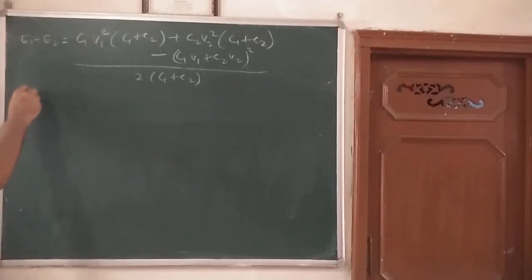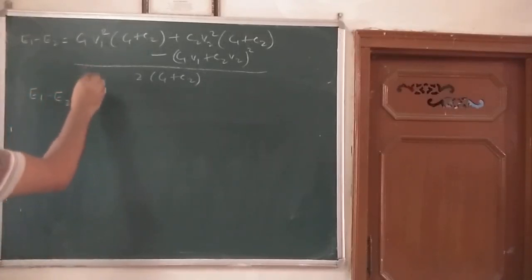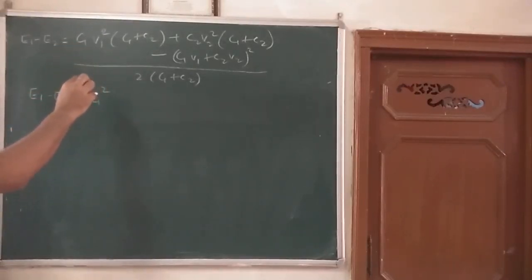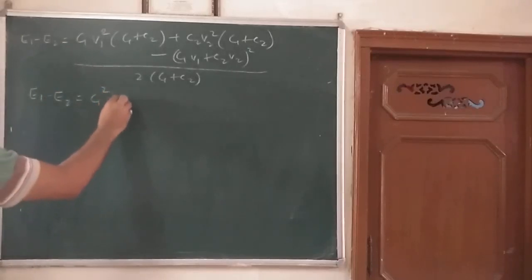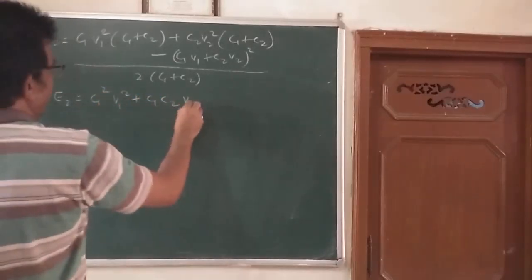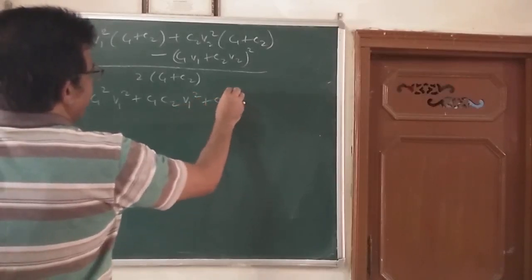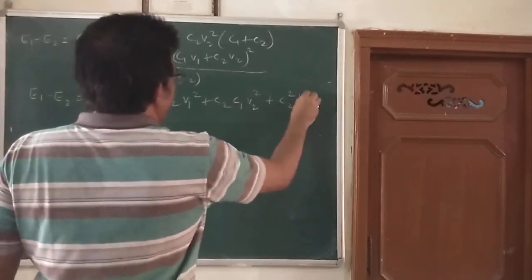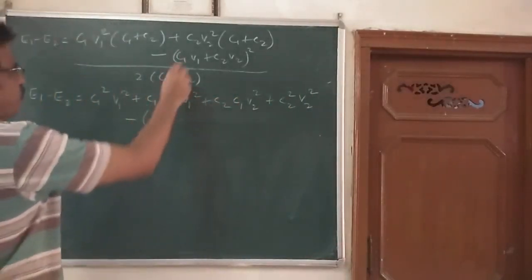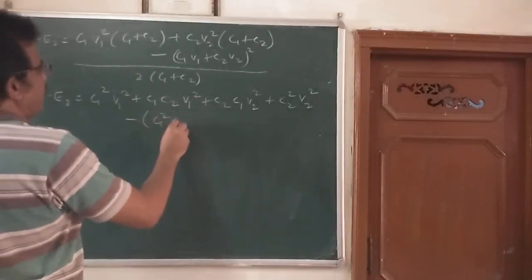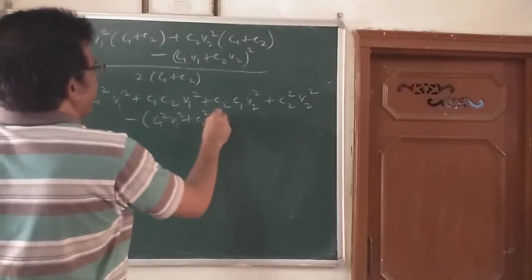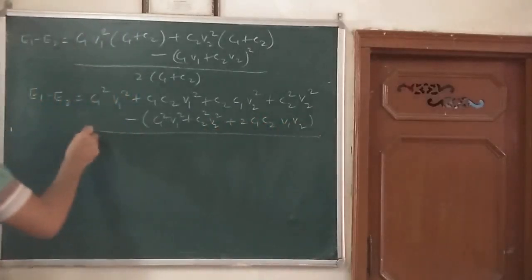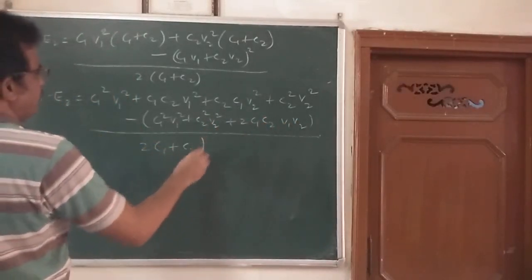So we can say E1 minus E2 is equal to C1 square V1 square, C1 C2 V1 square, C1 C2 V2 square plus C2 square V2 square, minus the expansion of (A plus B) whole square, C1 square V1 square plus C2 square V2 square plus twice of C1 C2 V1 V2, like this, divided by twice of C1 plus C2.